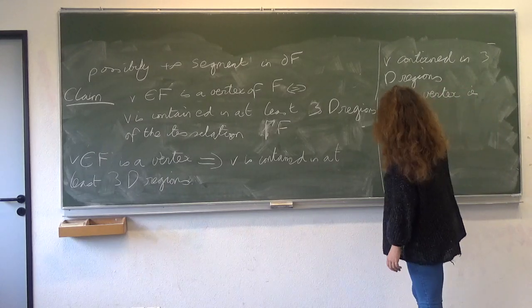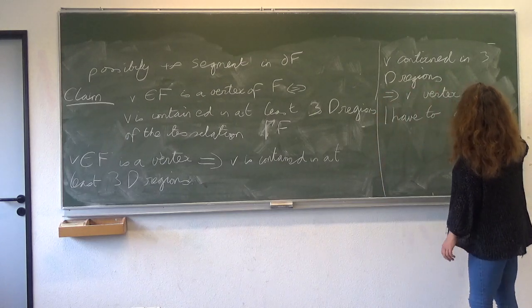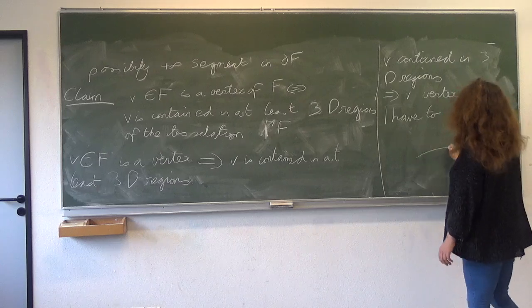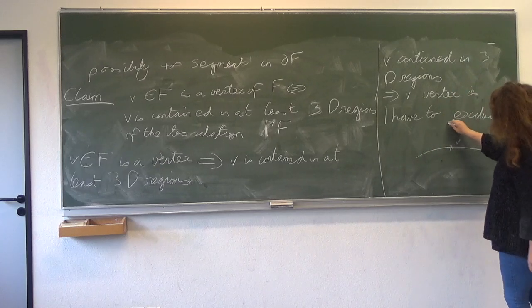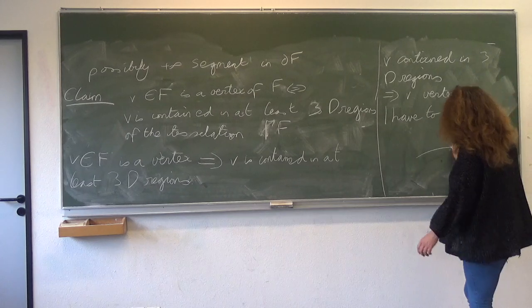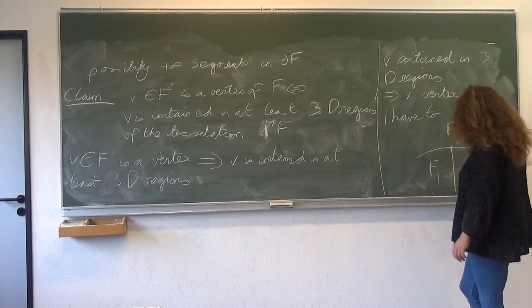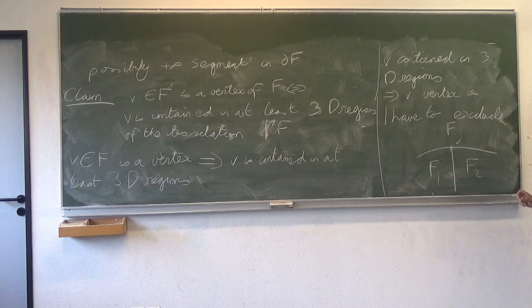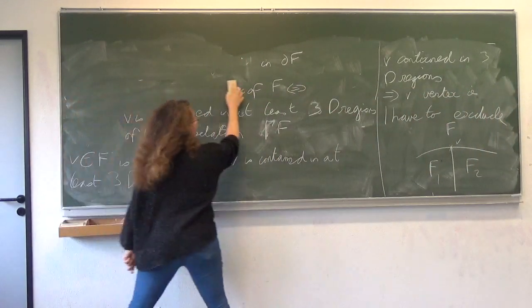I have to exclude the following consideration, the one where I have my point V here, which is contained in F, and then on the other side of this line I have 2 other Dirichlet regions, F1 and F2. Now, why is that impossible? That is impossible for the following reason.